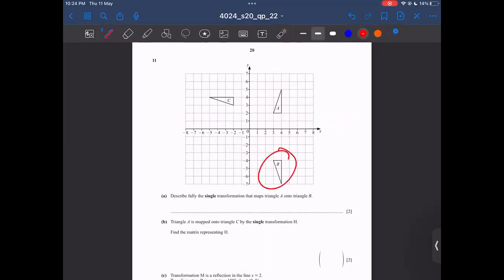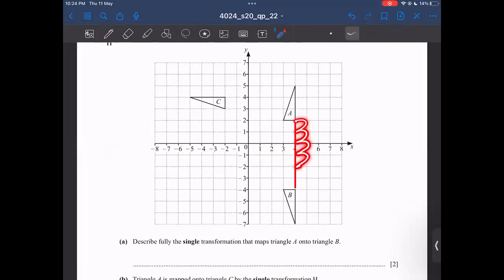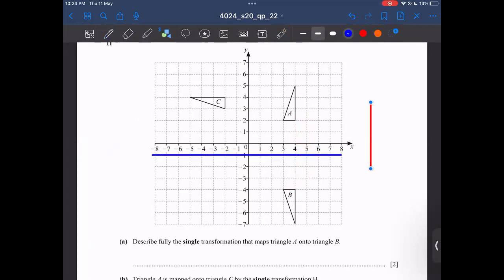Over here, the only thing left is reflection. And this is the reflection from the same distance. Since we have 1, 2, 3, 4, 5, 6, we are going to have the reflection from the line y equals -1.